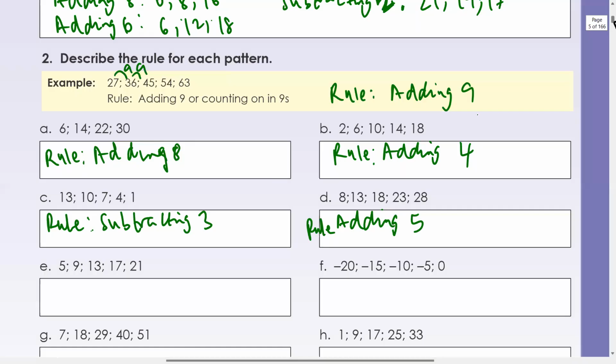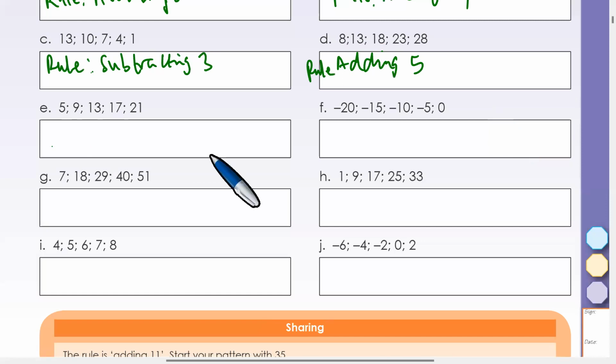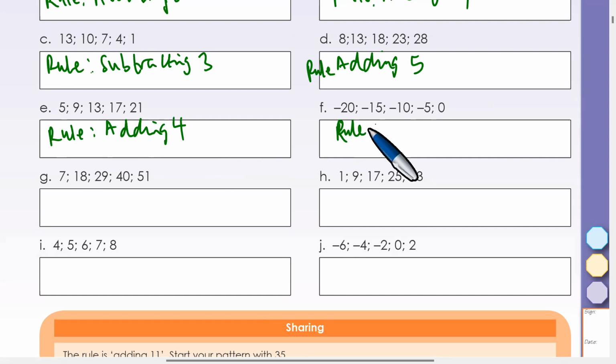Right here, the rule is we are adding 4. In F, what is the rule? We're adding 5. That's right.